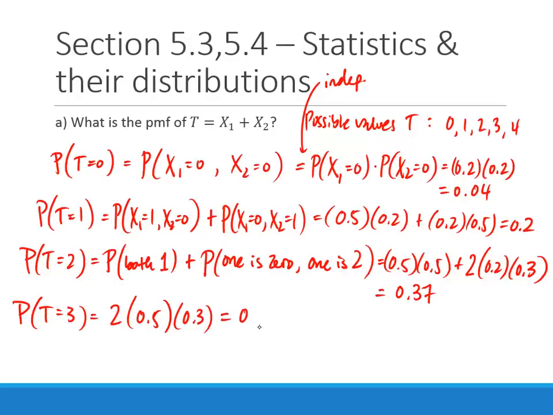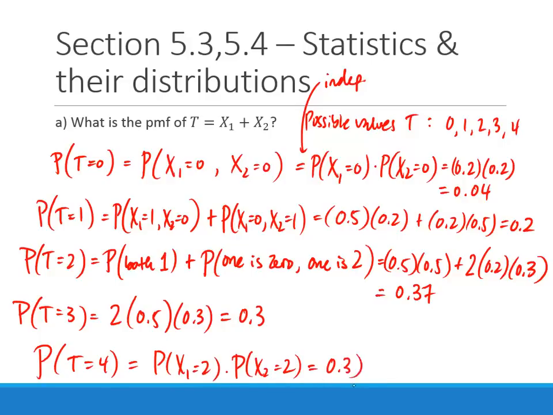You guys are getting the picture. And finally, the probability that this thing equals 4. Now I need them both to be equal to 2. So that's the probability that x1 equals 2 times the probability that x2 equals 2, which is 0.3 times 0.3, is 0.09.